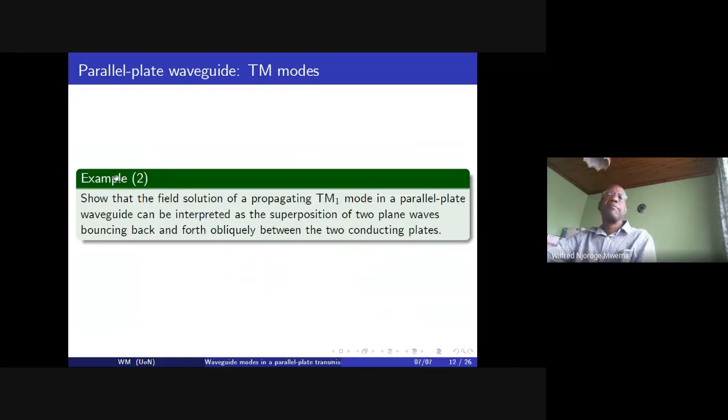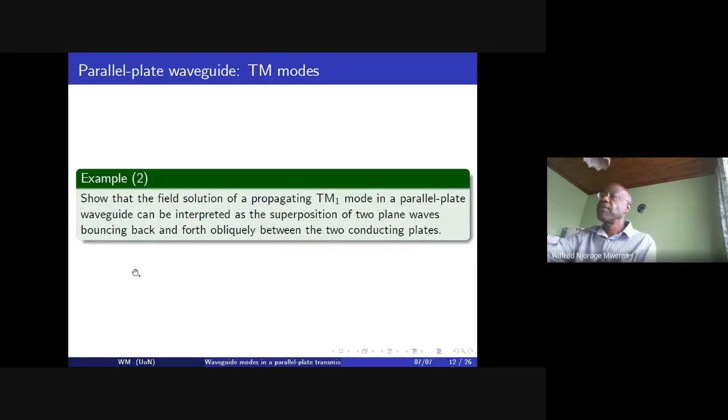So example 2. Show that the field solution of a propagating TM1 mode in a parallel plate waveguide can be interpreted as the superposition of two plane waves bouncing back and forth obliquely between the two plates.